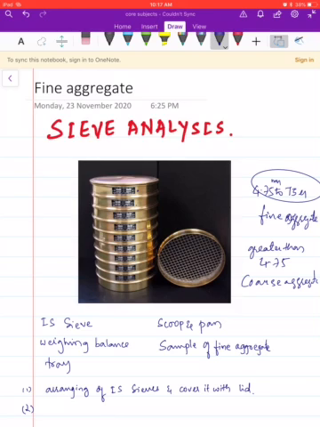In this class we are going to discuss the soil sample concerned with fine aggregate, having a range of 4.75 mm to 75 micron.